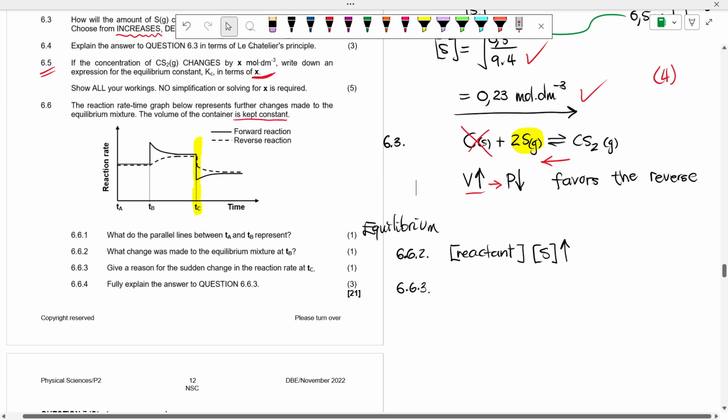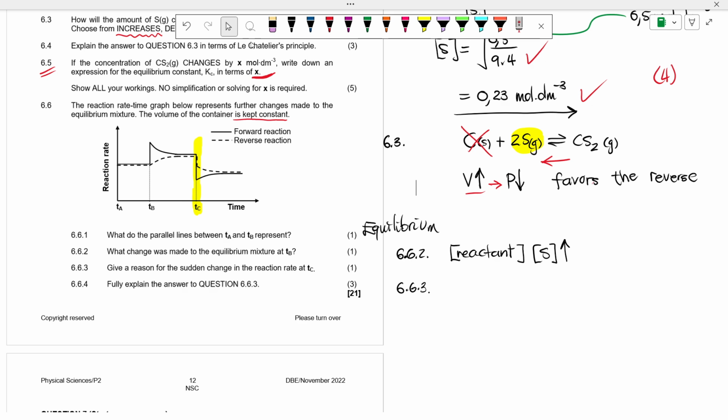Let's look at what kind of transition we see there. The forward decreases. Wait, it's constant. The forward is a constant. Wait, no. I'm trying to think of my graphs.